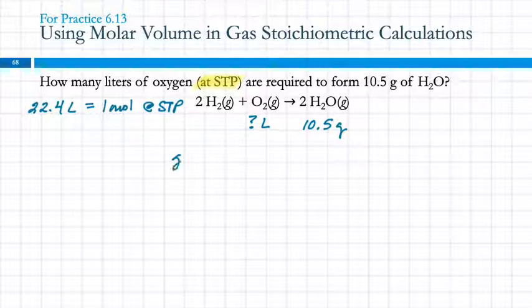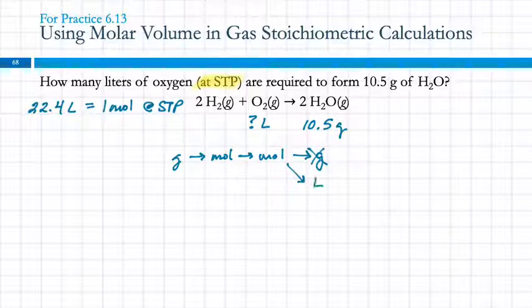So normally we would say grams to moles to grams. And here I am starting with grams, but I'm trying to get to liters. So I'm switching up the end this time. From moles to liters, I can use this relationship because it's at STP.